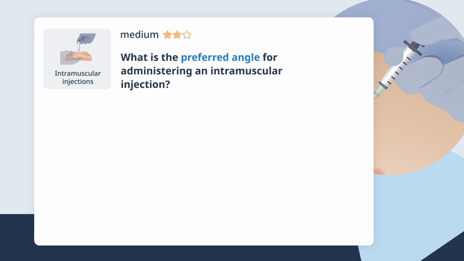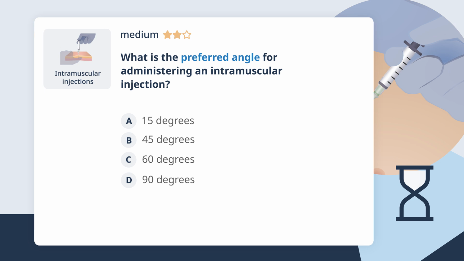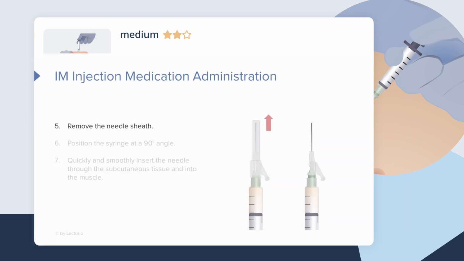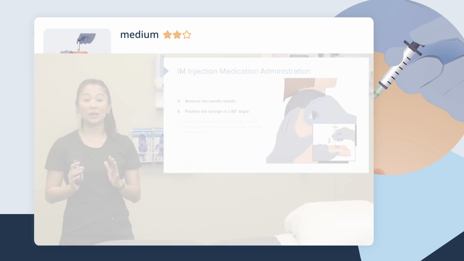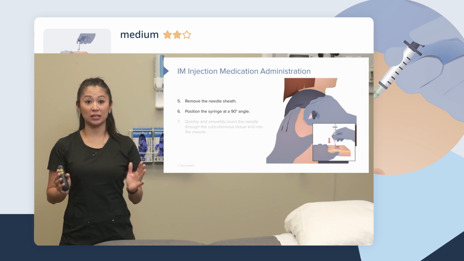What is the preferred angle for administering an intramuscular injection? Next, we need to remove the needle sheath and then position the syringe at a 90-degree angle. Positioning is important here for a lot of different reasons.